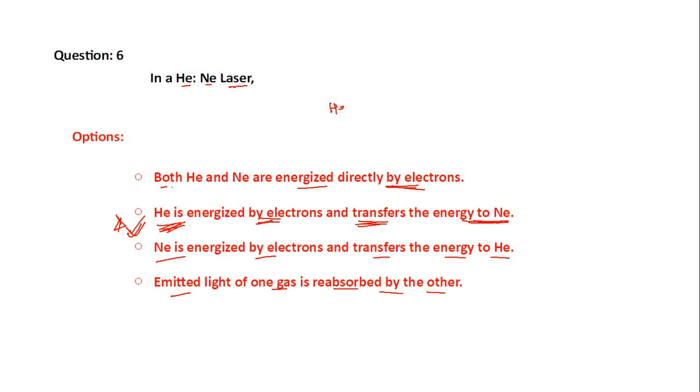The reason for this is the helium to neon ratio is quite high, almost 10 to 1. Although both are initially ionized to helium plus and neon plus, and both are energized, the energy transfer always occurs from helium plus to neon plus. Got it? So this is the answer for this question: helium is energized by electrons and transfers the energy to neon.